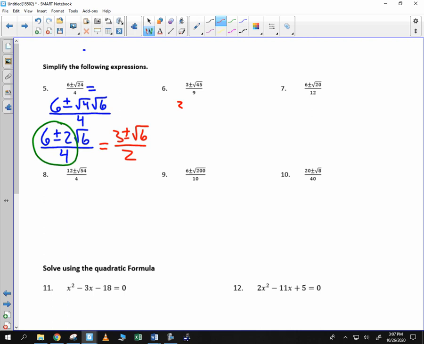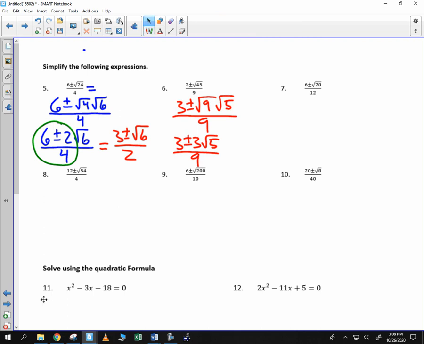The next one, 3 plus or minus the square root of 45 can be rewritten as square root of 9 times square root of 5 all over 9. So you have 3 plus or minus 3 roots of 5 over 9. Notice that these are all divisible by 3, and I get 1 plus or minus the root of 5 over 3.